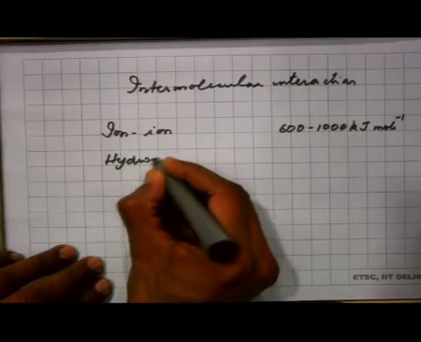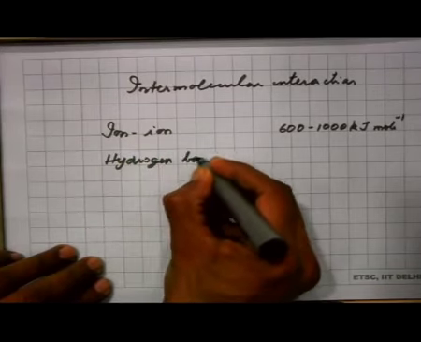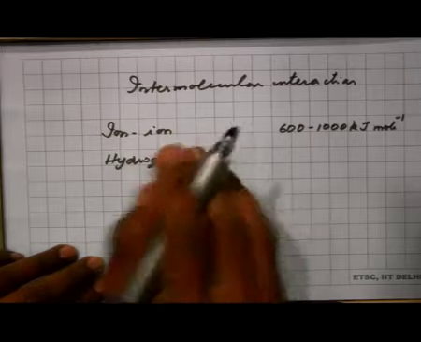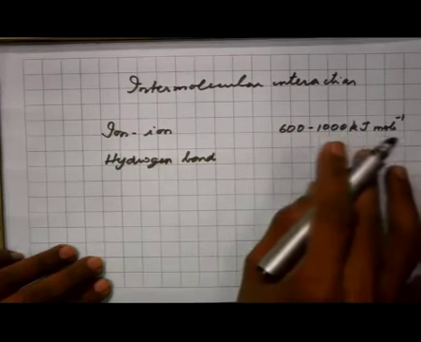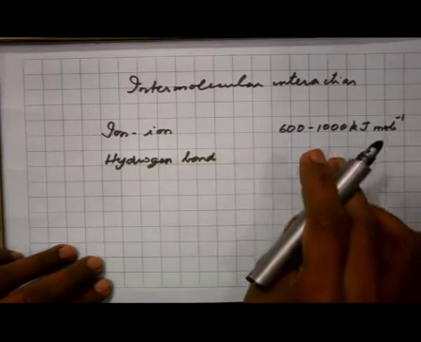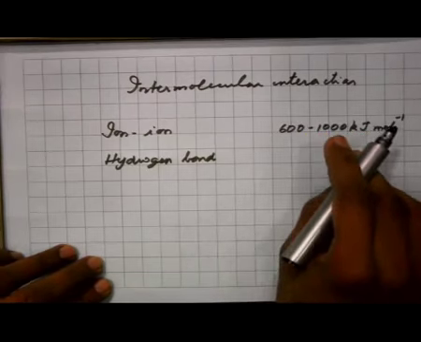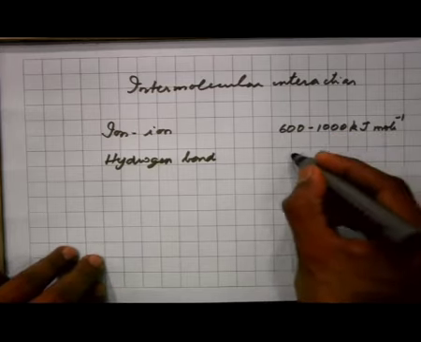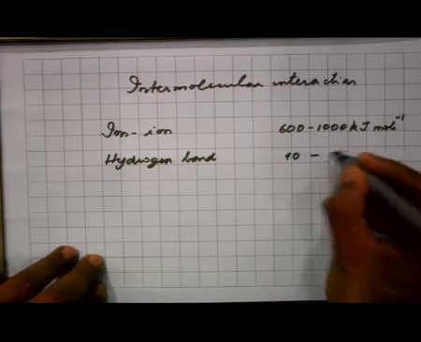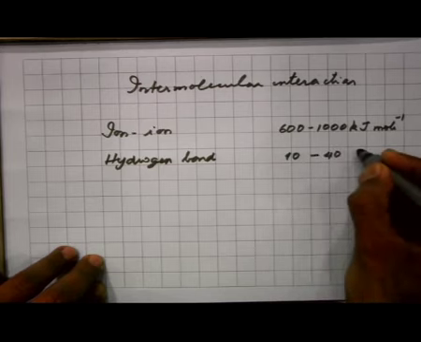The next one that we have is hydrogen bond. If you are unable to figure out what a hydrogen bond is, we will do that by the end of when we finish this unit on intermolecular forces. The typical energies of a hydrogen bond are 10 to about 40 kilojoules per mole.